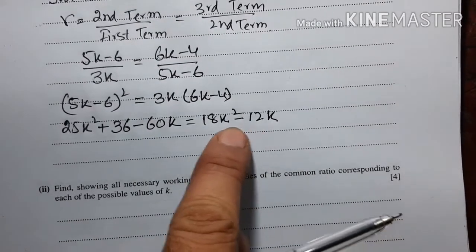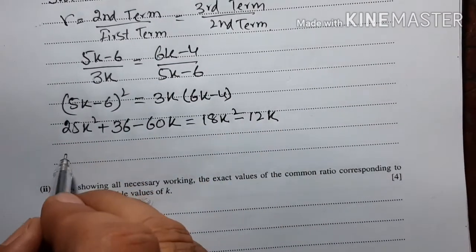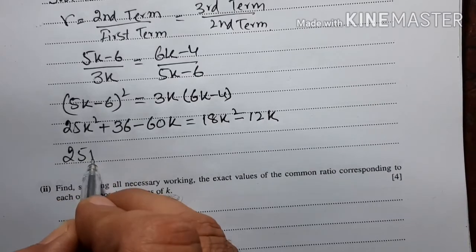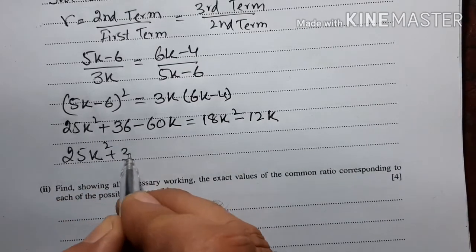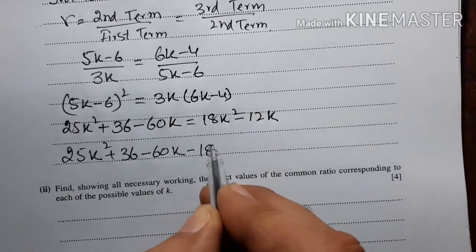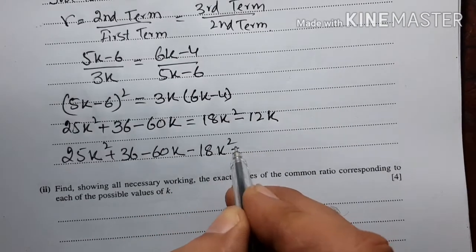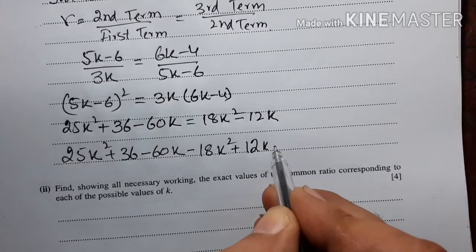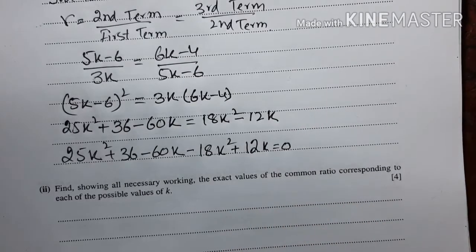So bring all the right hand terms to the left. This will be 25k square plus 36 minus 60k minus 18k square plus 12k is equal to 0.